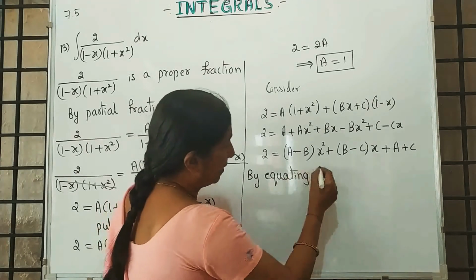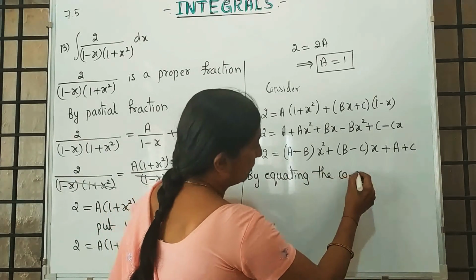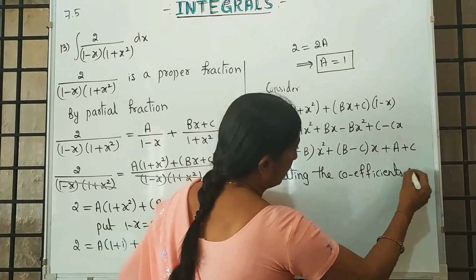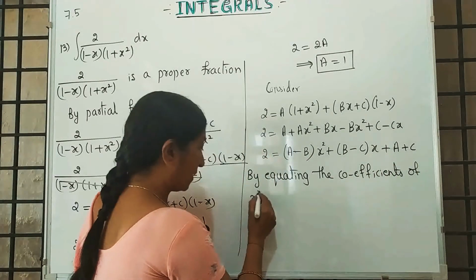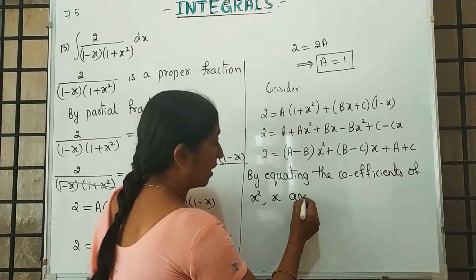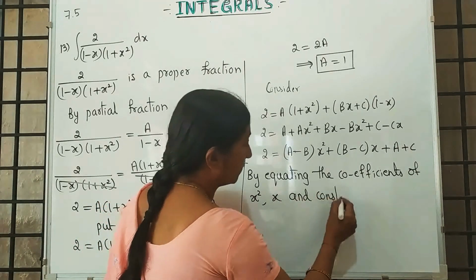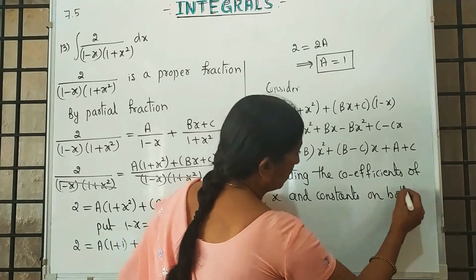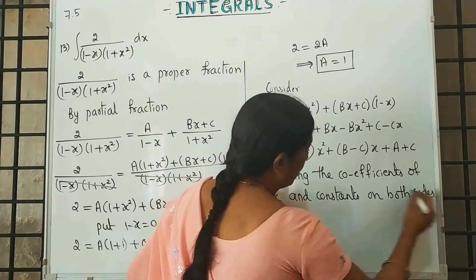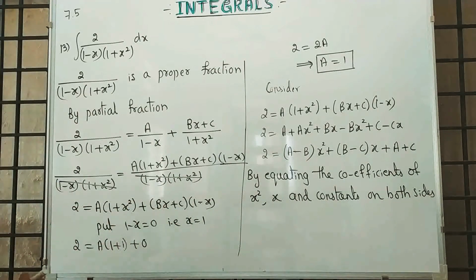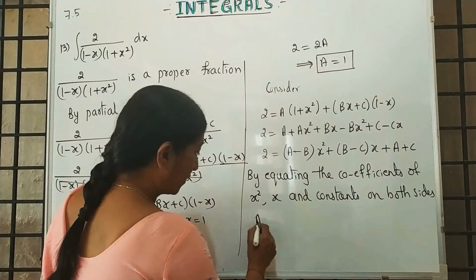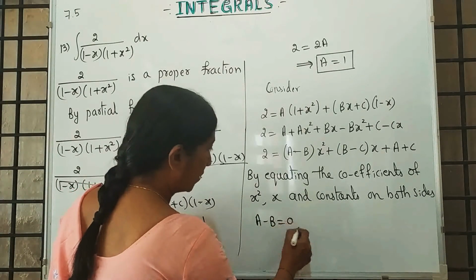By equating the coefficients of x square, x and constants on both the sides. What is the coefficient of x square on the right side? On the right side it is A minus B, but on the left side we don't have an x square, so it is 0.